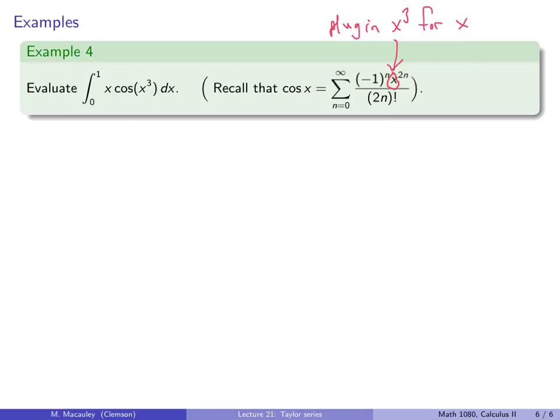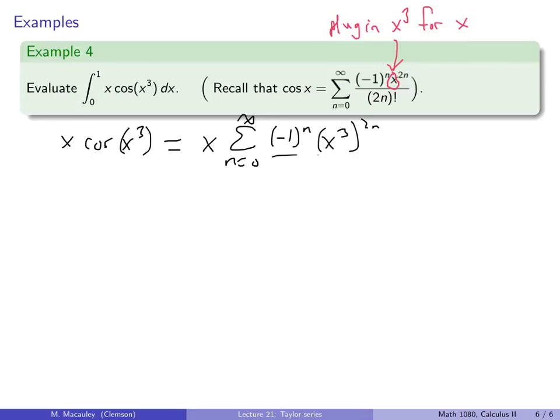So before we go any further with the integral, x cosine of x cubed is x times the sum from n equals 0 to infinity of negative 1 to the n, x cubed to the 2n over 2n factorial. Okay, let's do two steps at once.